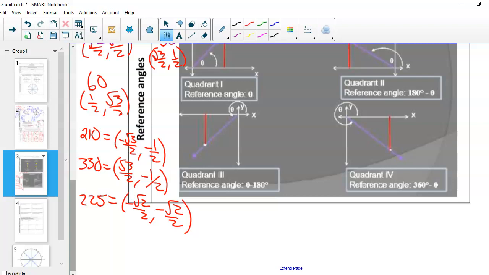If you're in the second quadrant, it's 180 minus your angle. If you're in the third, it's your angle minus 180. If you're in the fourth, it's 360 minus your angle. So it depends. Wait, why are they both negative if I thought tangent was always positive? Tangent is positive, yes. But that's sine and cosine.